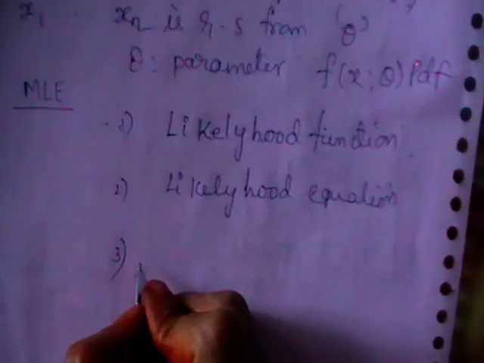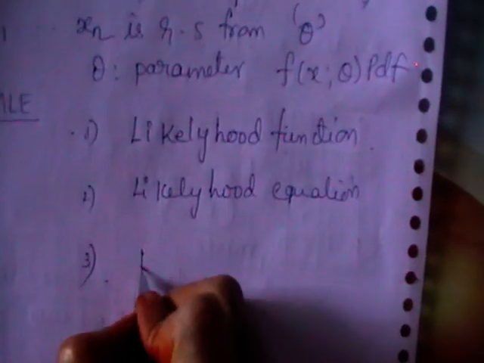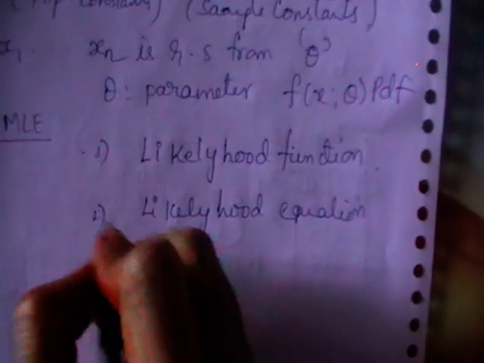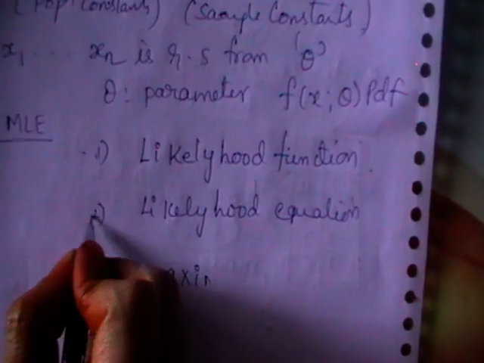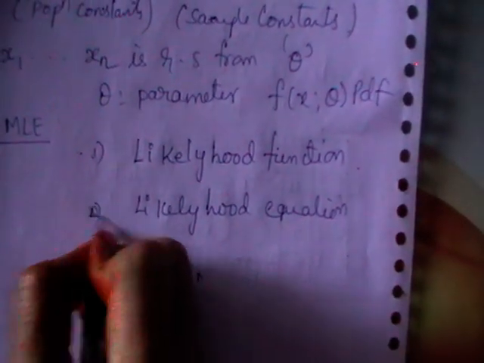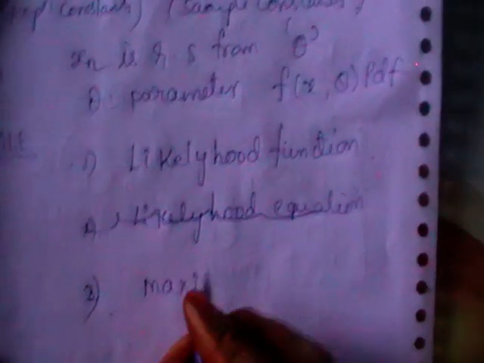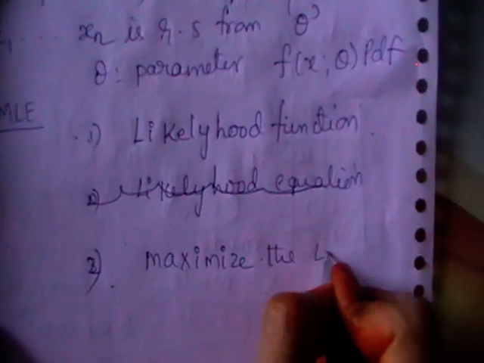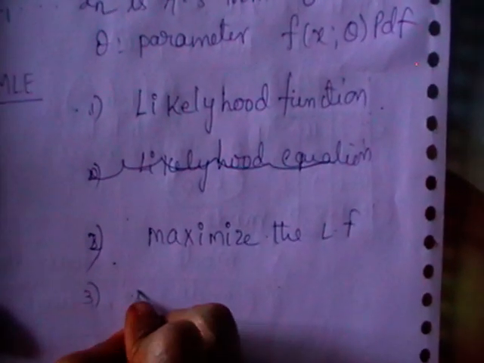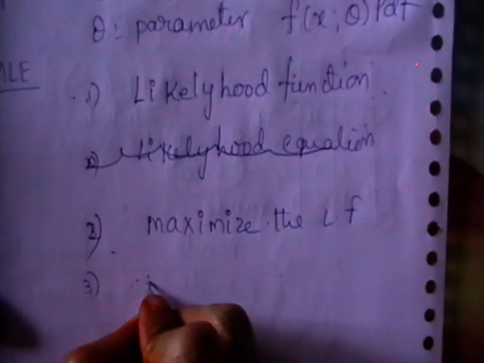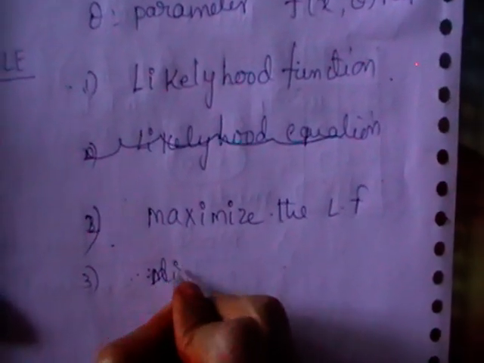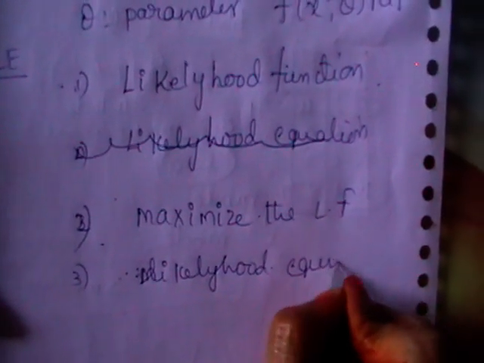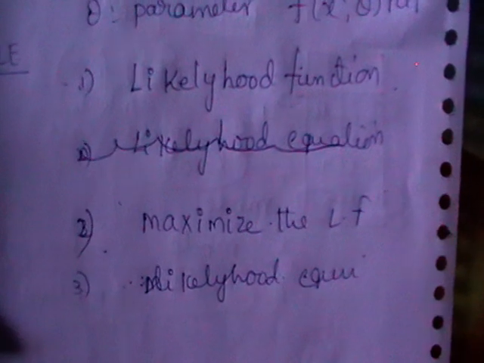The name itself tells that for the maximum likelihood estimator, you should maximize the likelihood function. In the third step, by maximizing it, you will get an equation which is called the likelihood equation. Using that equation, we will find the estimator.